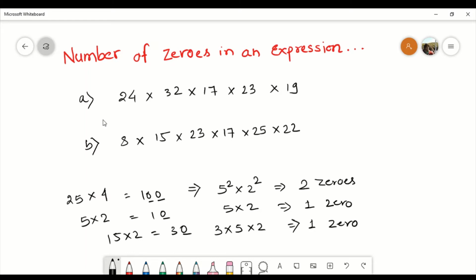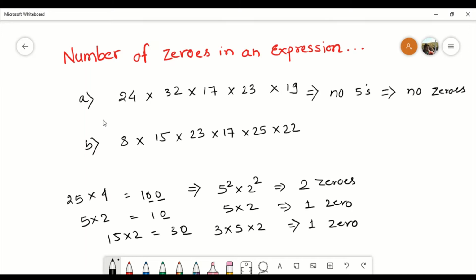Because we need one 2 and one 5 each to make one zero. So in this case, do I have any 5? No 5s, right? So this expression will have no zeros.